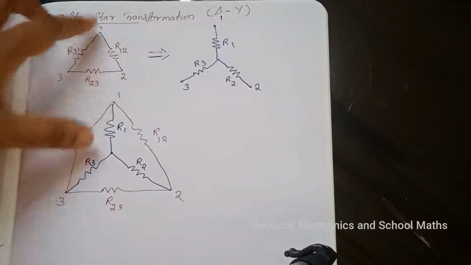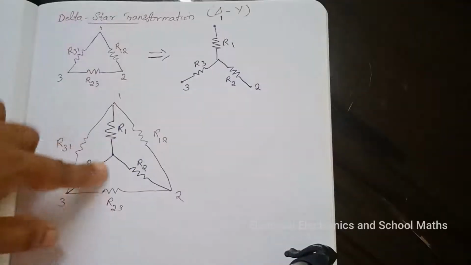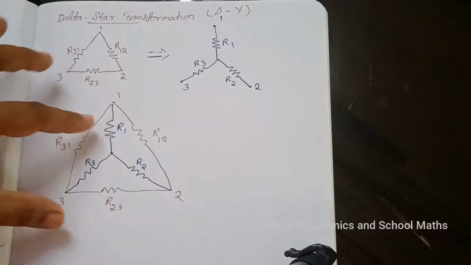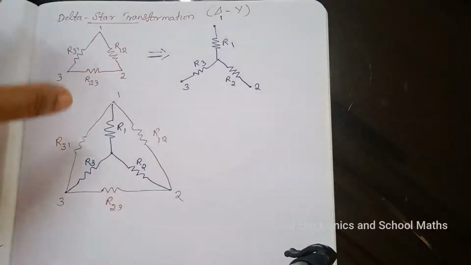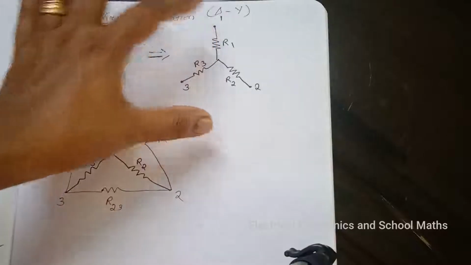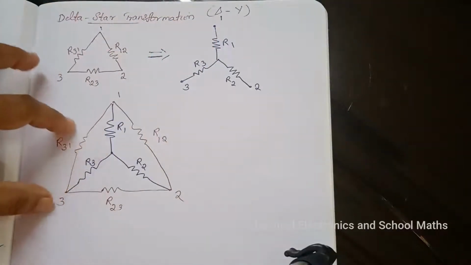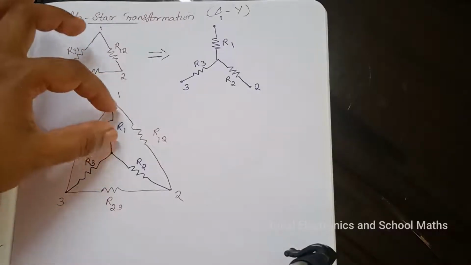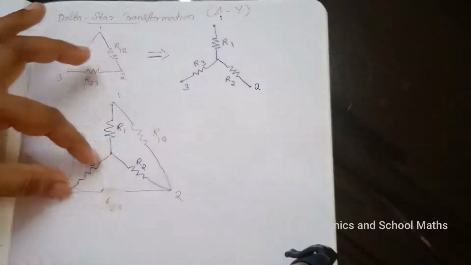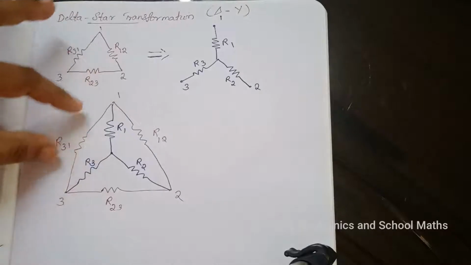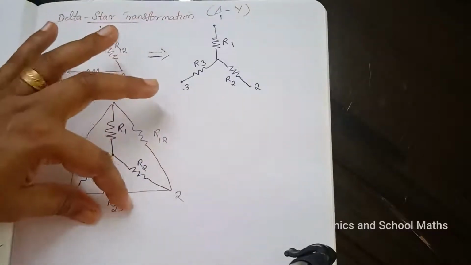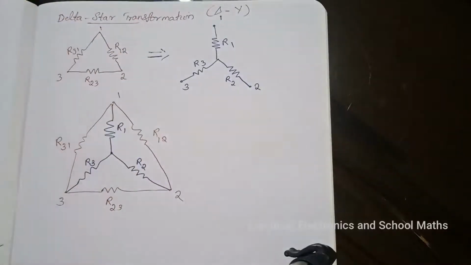So by combining these two, we get like this. We have to find the equivalent of delta in the form of a star connection. For that, we have to find the value of resistors R1, R2 and R3 in terms of R12, R23 and R31.